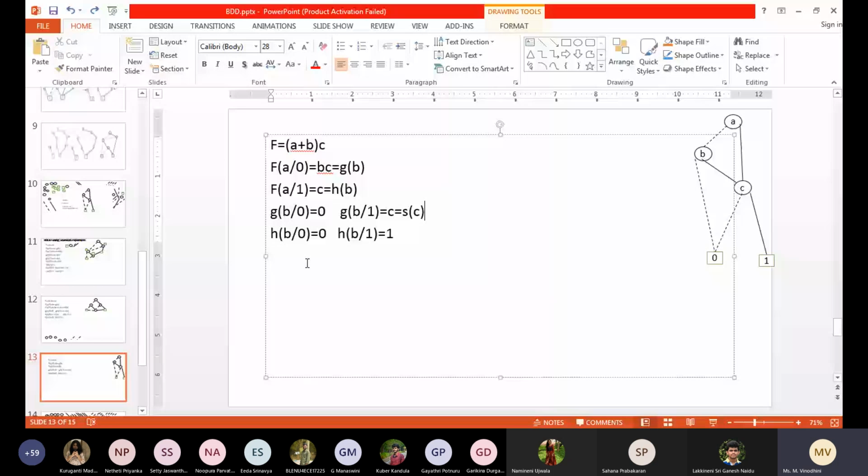For S of C also I will get the same thing. So now S of C at 0 is equal to 0. Then S of C at 1 is equal to 1. Okay. Now let me draw the diagram.